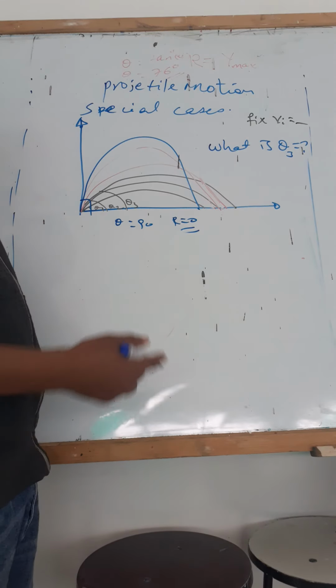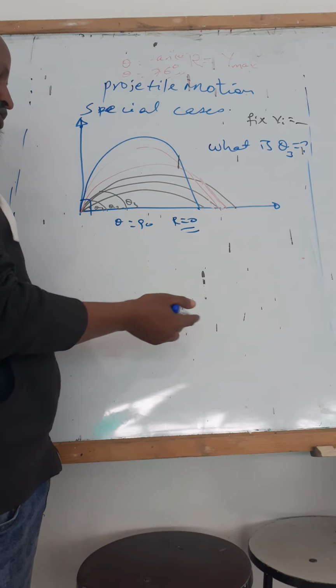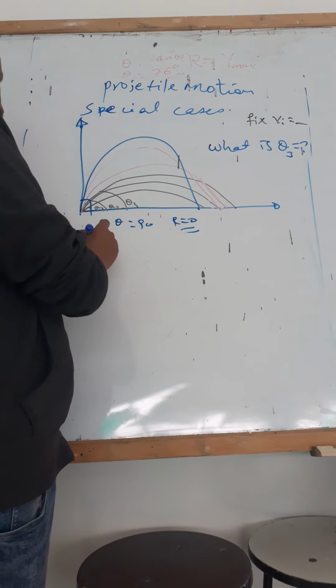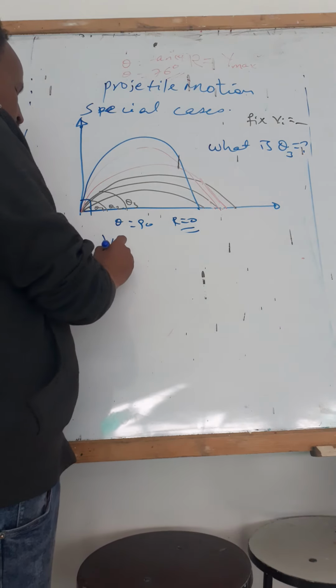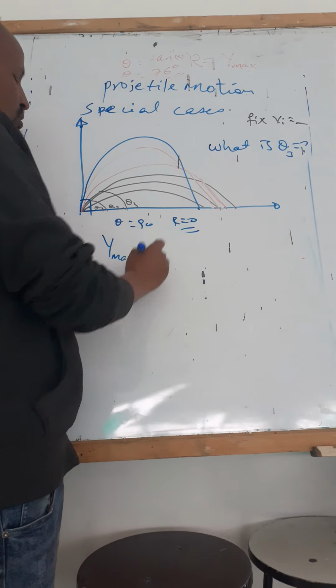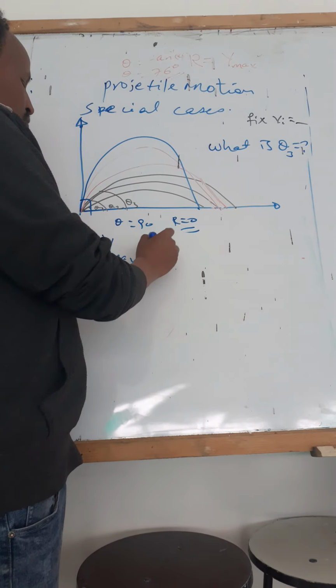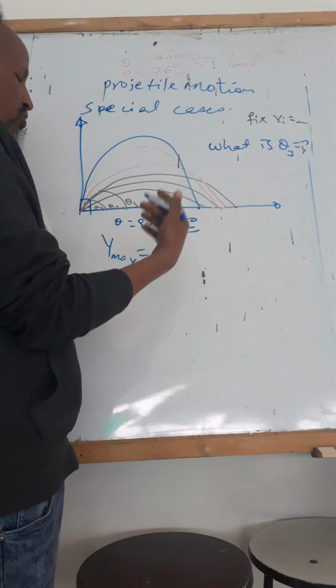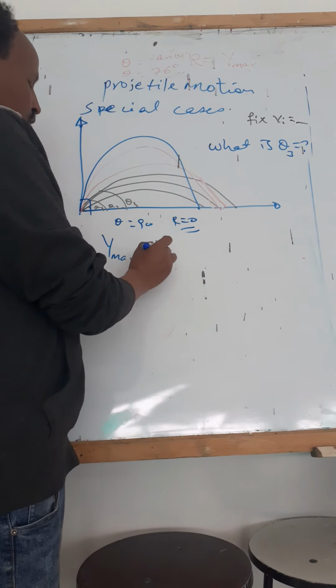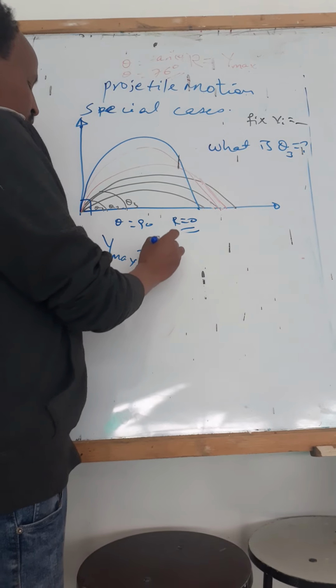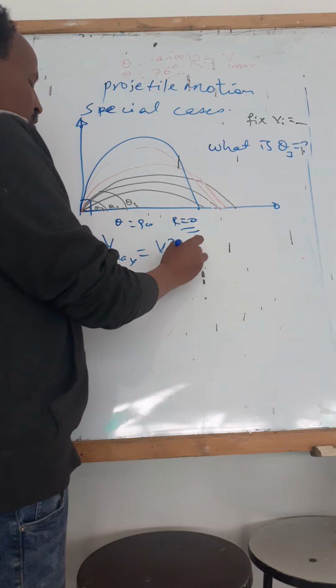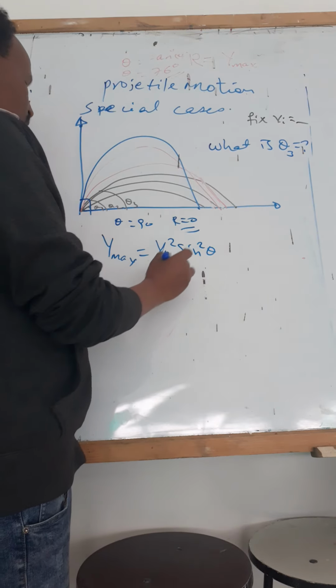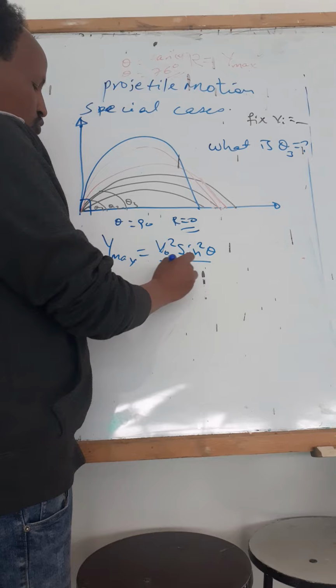What we know for such projectiles is y max, which we have calculated. You can refer to the previous videos. It is going to be v naught square sine square theta over 2g.